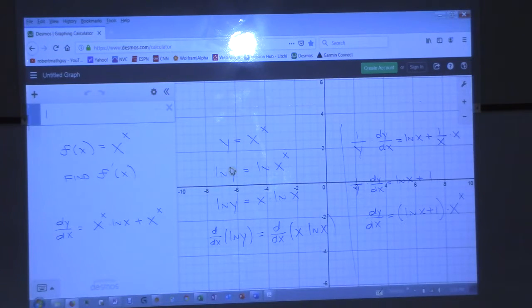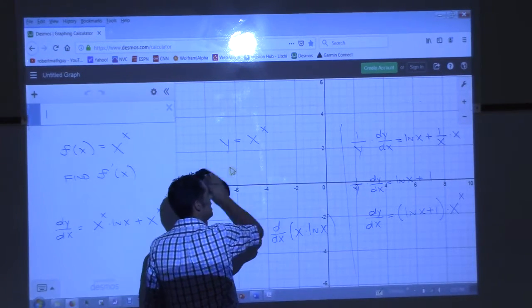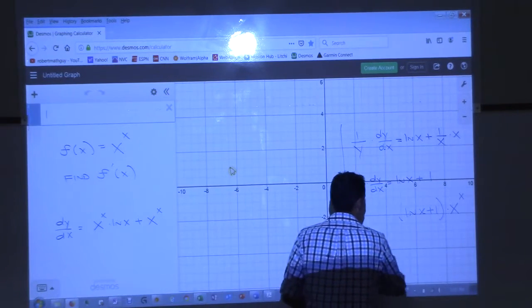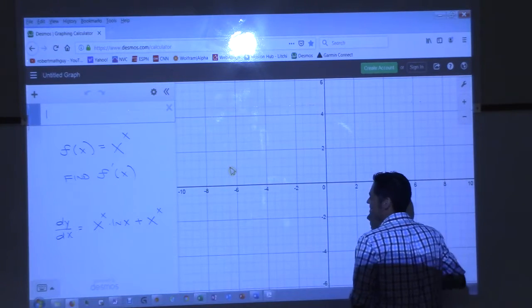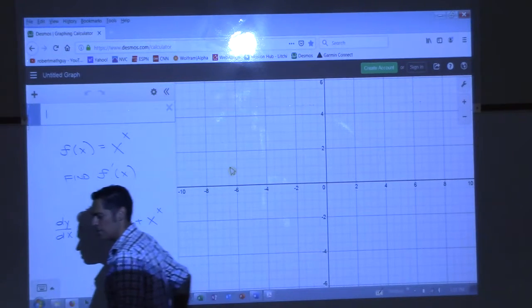Can you plug in 0 to the 0? Zero to the 0 is a weird thing, isn't it? Because what's anything raised to the 0 supposed to be? Okay, but what's 0 raised to any power? 0. You can't do it. 0 to the 0 doesn't make sense.